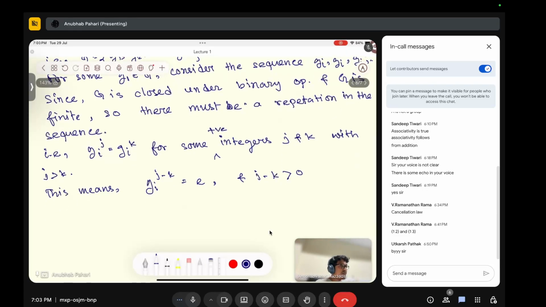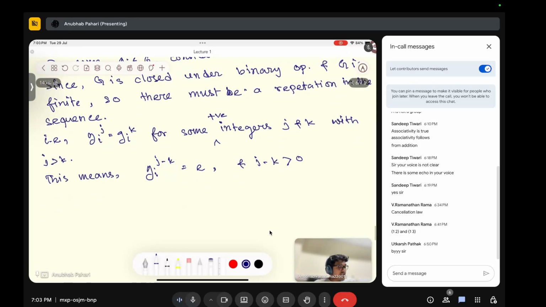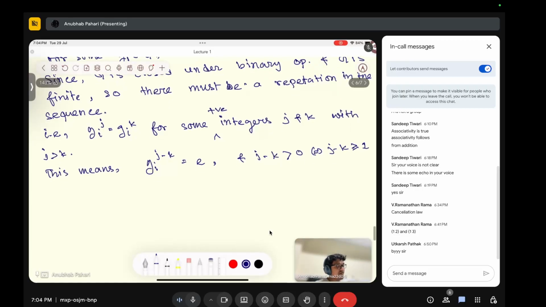So that is, j minus k is greater than or equal to 1. So this means that either gi equals identity or some power of gi is identity, right?